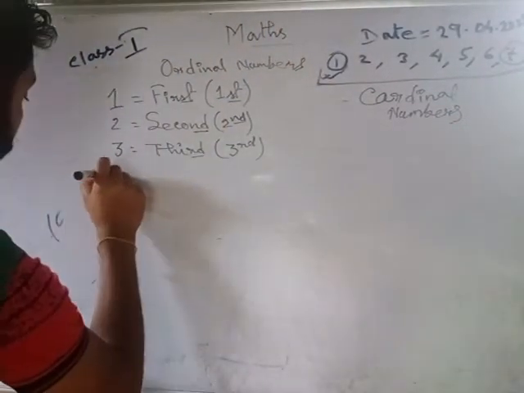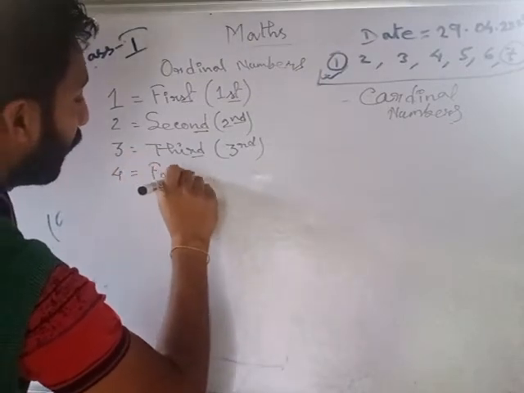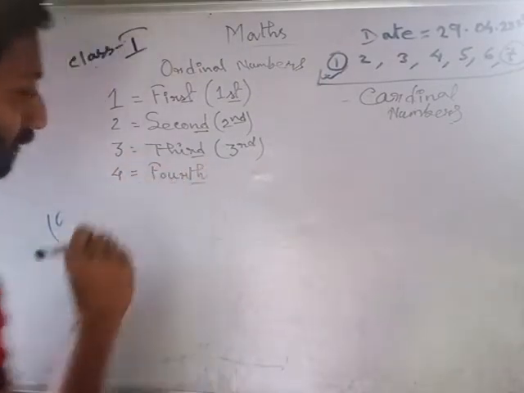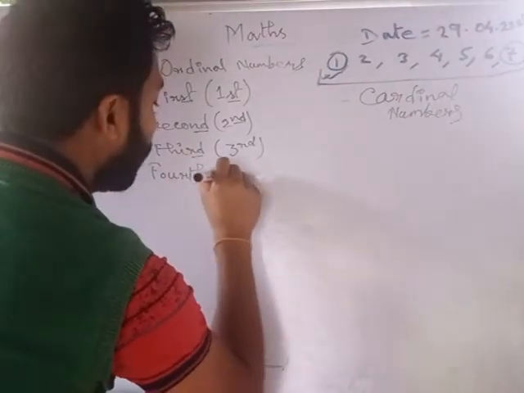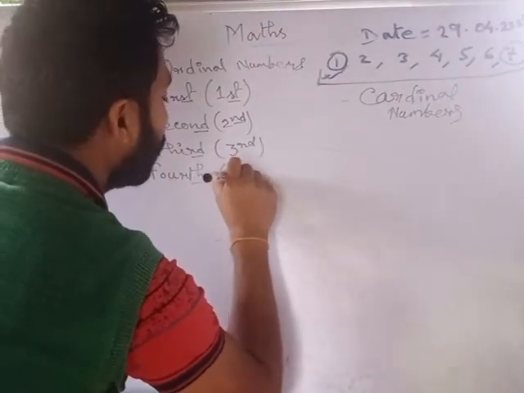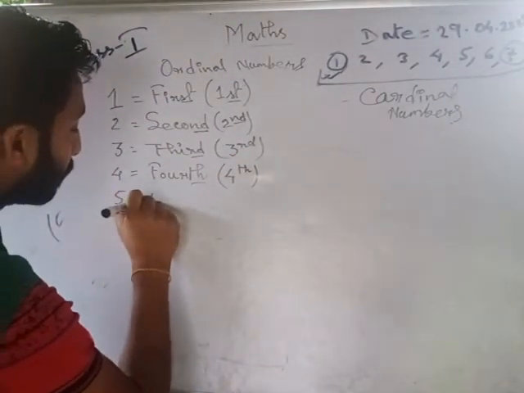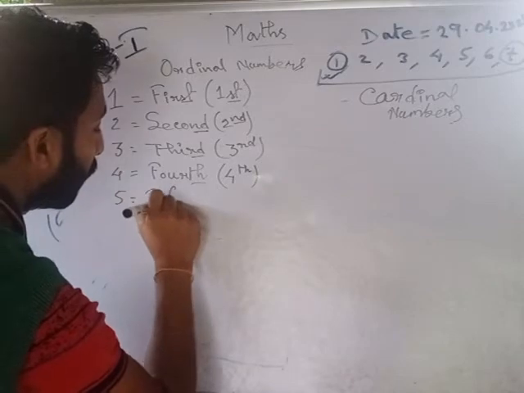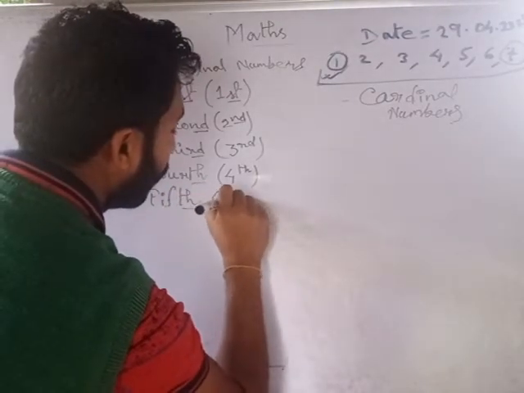Cardinal numbers, ordinal numbers. 4. F-O-U-R-T-H, 4. And with T what? TH, that means we should write here 4TH. Okay. If it is fifth, that's 5TH.